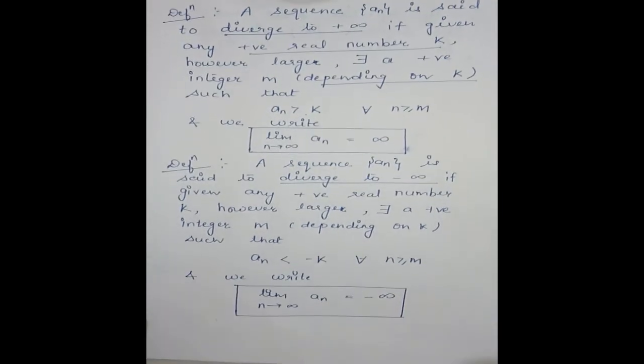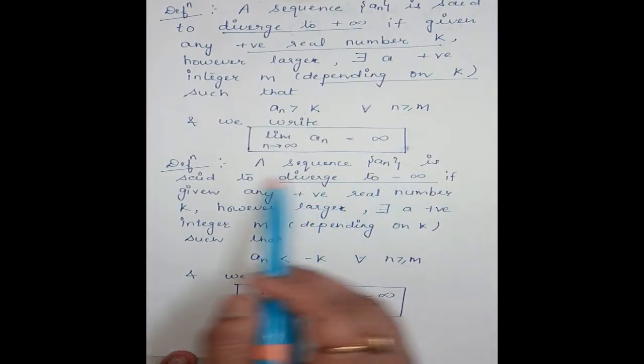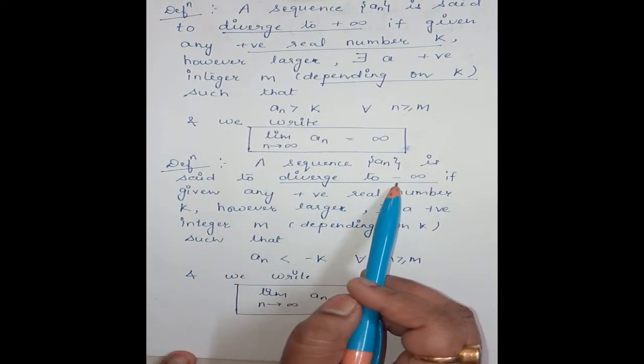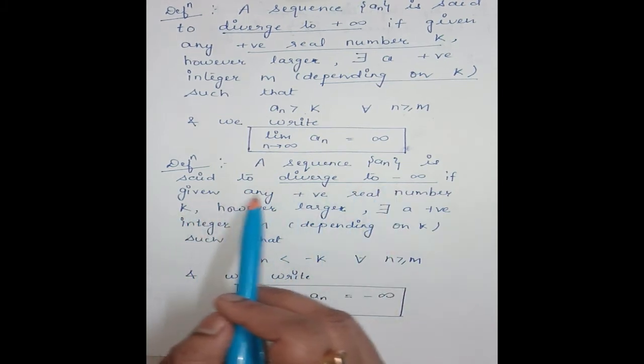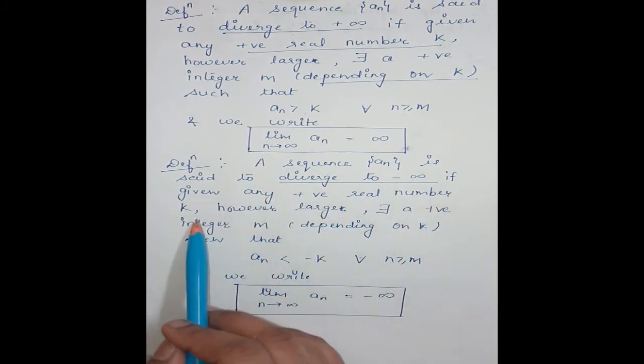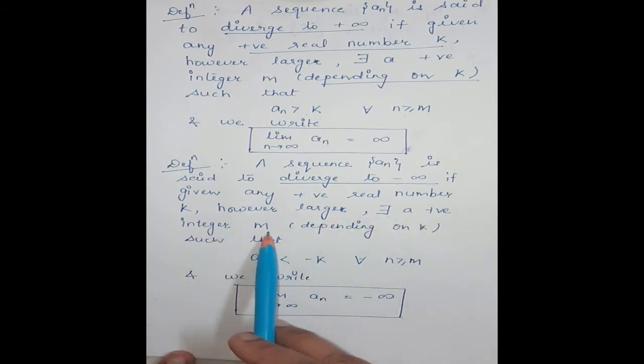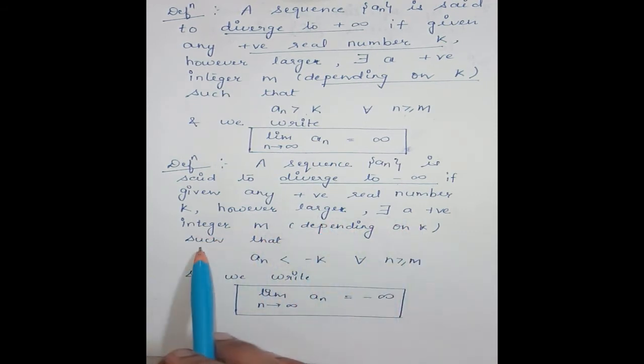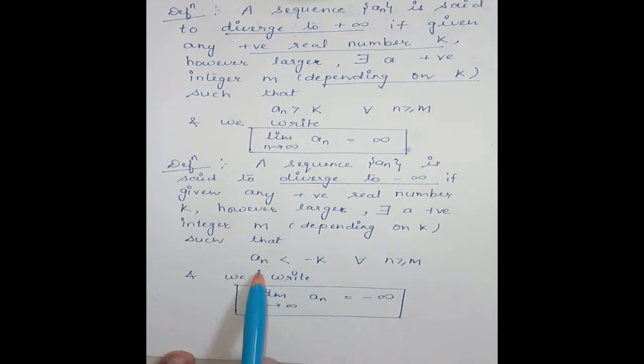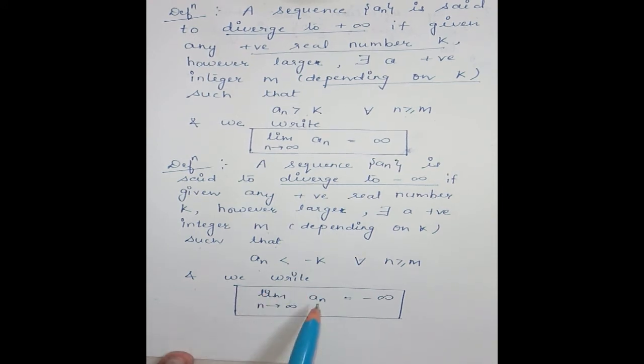In the same way, a sequence a_n is said to diverge to minus infinity if, given any positive real number k, however large, there exists a positive integer m depending on k such that a_n is less than −k for all n greater than or equal to m. In this case we write the limit as n tends to infinity of a_n is equal to minus infinity.